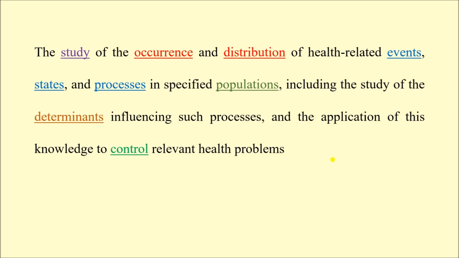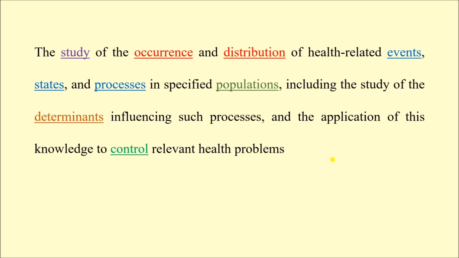It can be expressed as incidence, prevalence, etc., which we shall discuss in future. Coming to the distribution, when we say distribution of a disease or health related states, events, etc., we actually mean person distribution, place distribution and time distribution. Person distribution means who are the people who are suffering more.